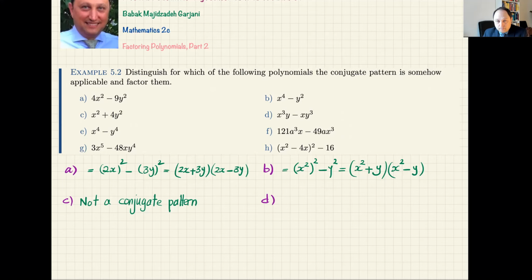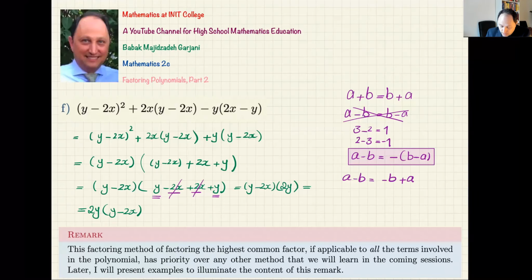Is it a conjugate pattern in this form? Why do you think that this is a complete square? No. So this is not a difference of complete squares.